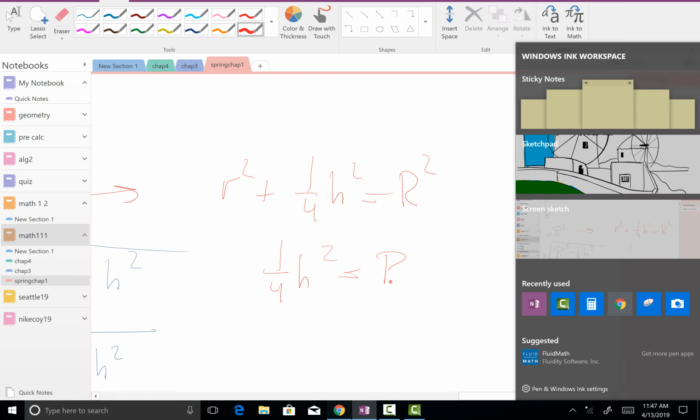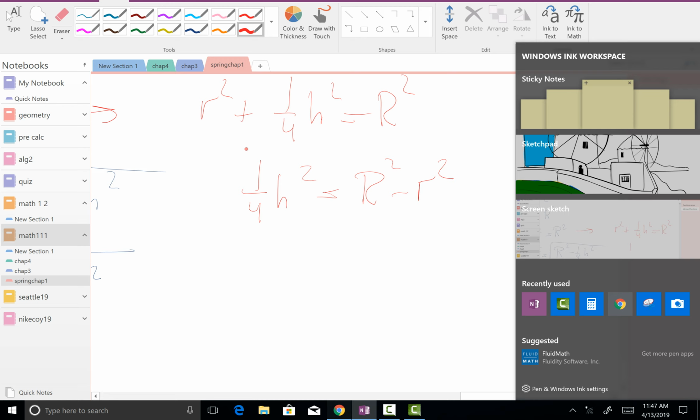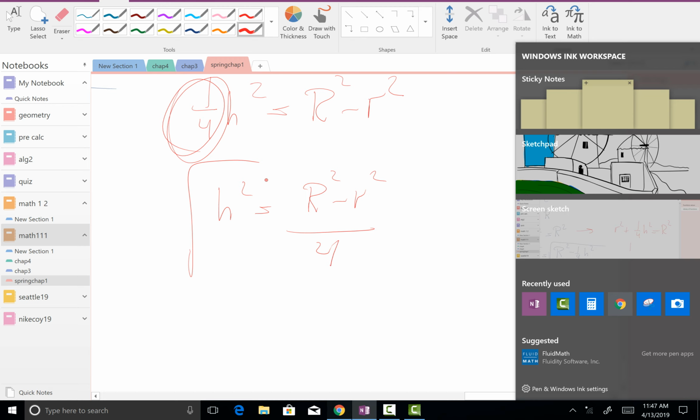All we do is take the big R squared, move the little r squared over there, get rid of that 1/4 by just multiplying by 4, and here it is. And then square root that. So the process is the same, this is just what we end up with.